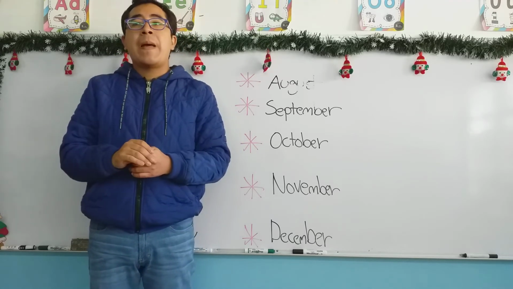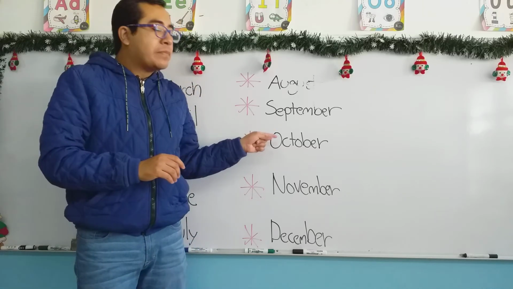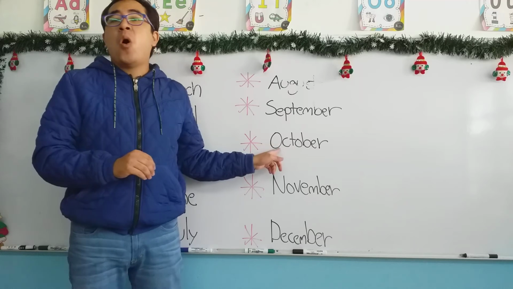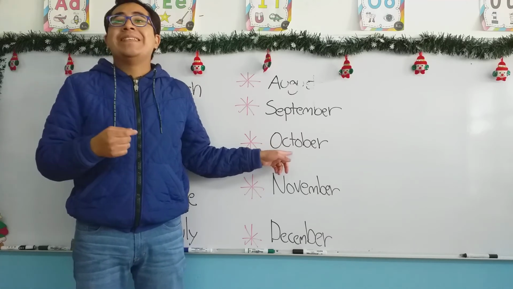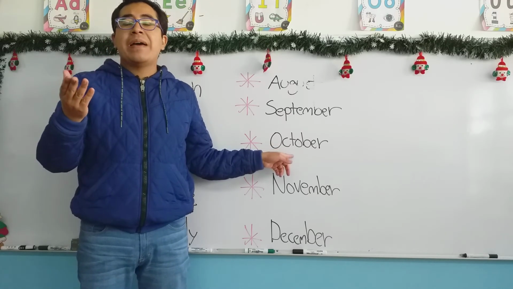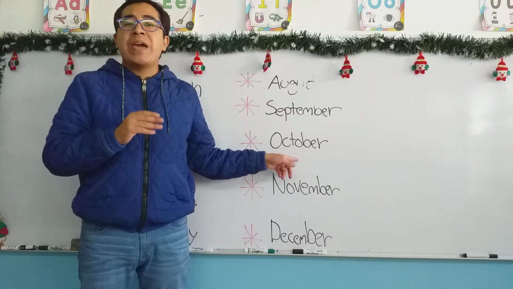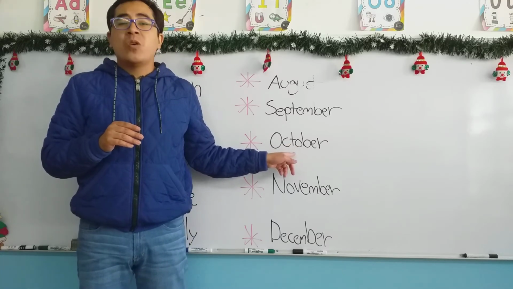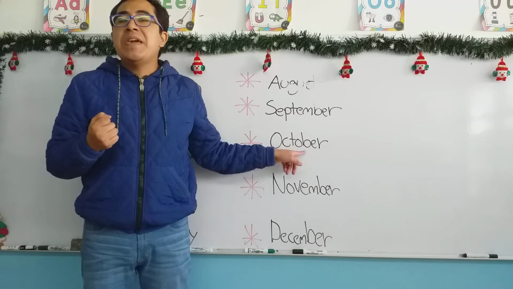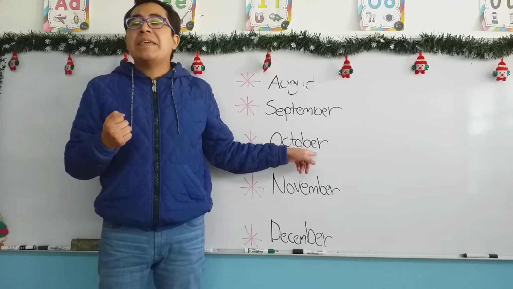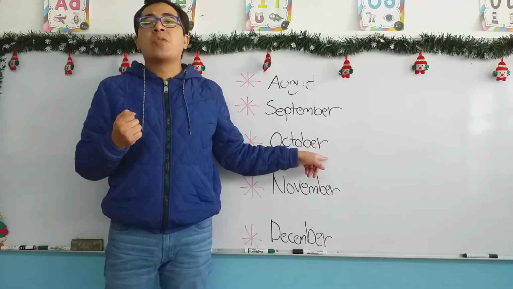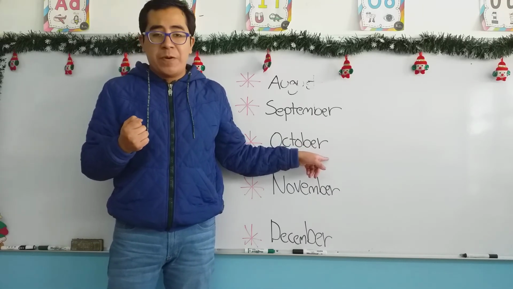So for October, we have the following letters. O of Oscar, C of Camilla, T of tomato, O of Oscar, once again, B of Brenda, E of Emiliano, R of ruler, October.